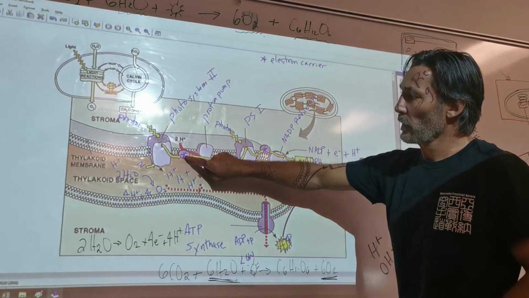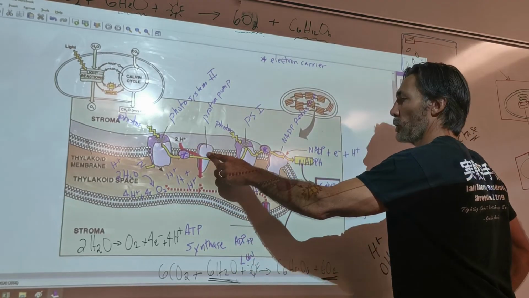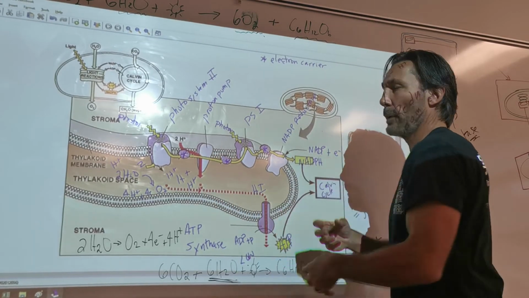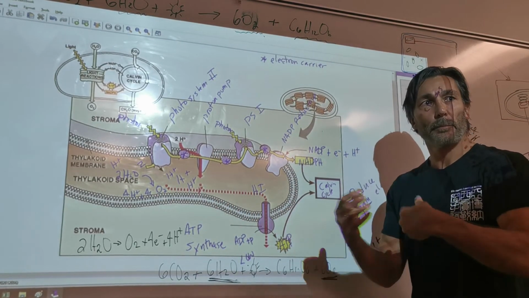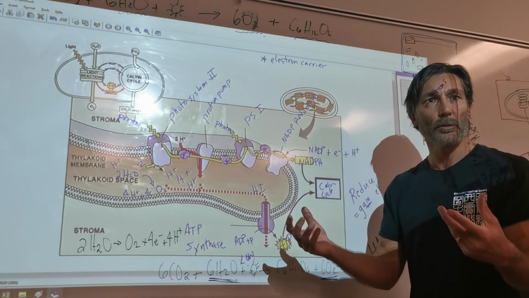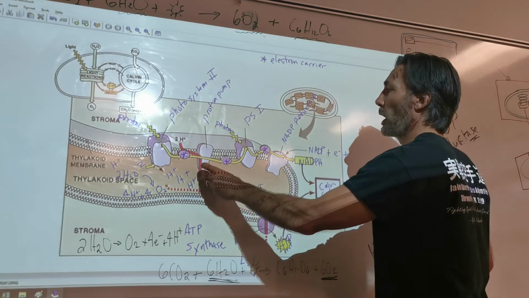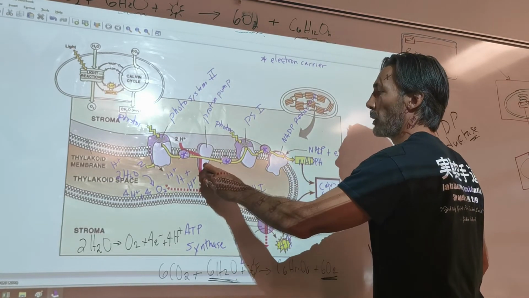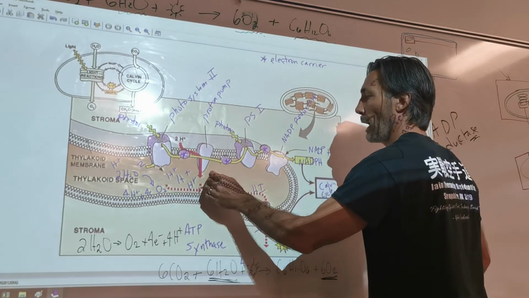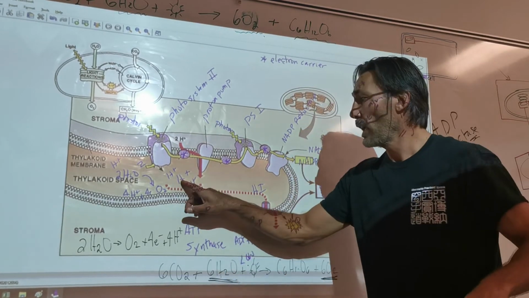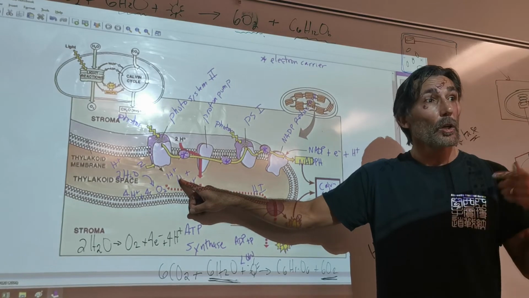Okay, so meanwhile, here's our electron carrier. It takes electrons over to the pump. The pump is going to think that electrons are negative, protons are positive, and in chemistry, opposites attract. And so it pulls protons through the membrane, through that protein there. And the protons get moved into the thylakoid space, adding to the proton gradient.